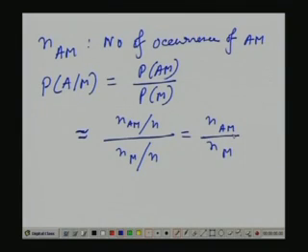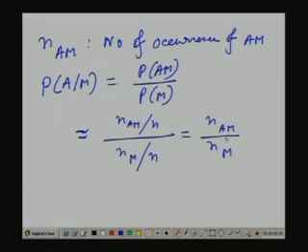N_M. Out of these N_M trials, on how many occasions did we have A occurring? Obviously, I have to see the intersection between A and M, because that is when both A and M occur, and that is N_AM. So, what is this giving? This gives you the conditional probability of the event A occurring subject to the fact that M has already occurred.